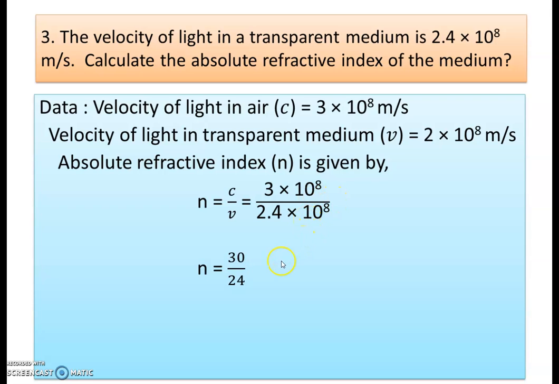So the equation becomes 30 divided by 24. The solution is 1.25, which means the absolute refractive index of the medium is 1.25.